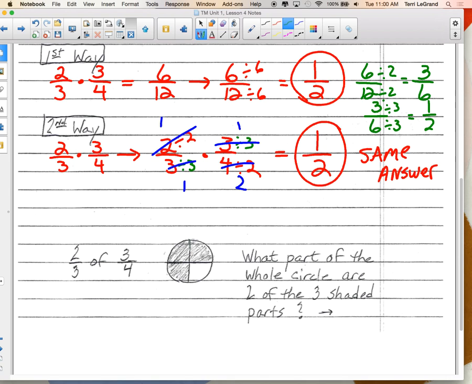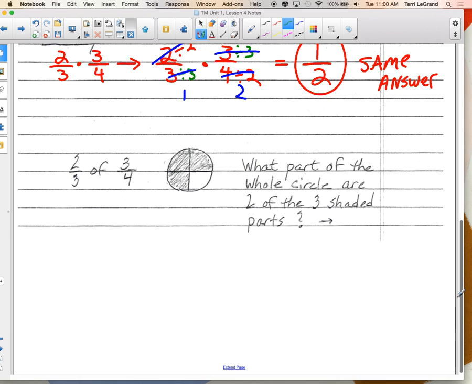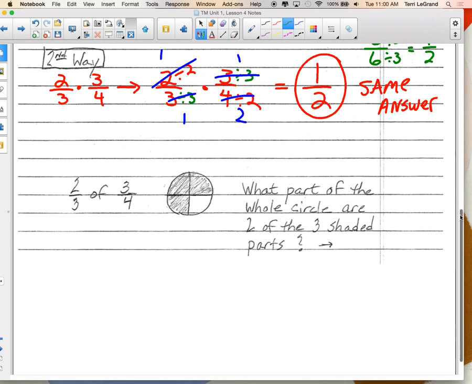I want us to try and make sense of this problem right here. So we have this pie cut into four pieces. 3/4 of it has been shaded because this problem really says 2/3 of 3/4. So I have shaded 3/4 of this circle. Do you agree with me? Have I shaded 3/4 of it?